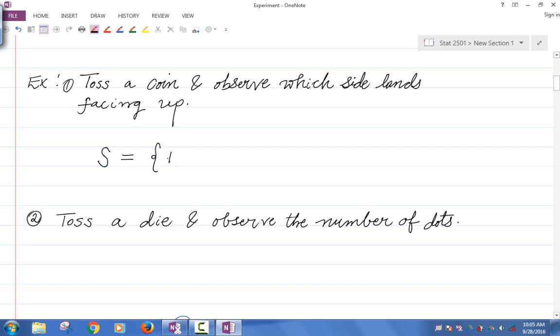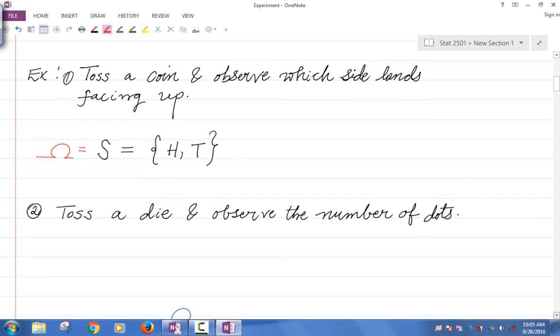And in this case, it is either a head or a tail. Sometimes we also use omega to denote the set of all possible outcomes.